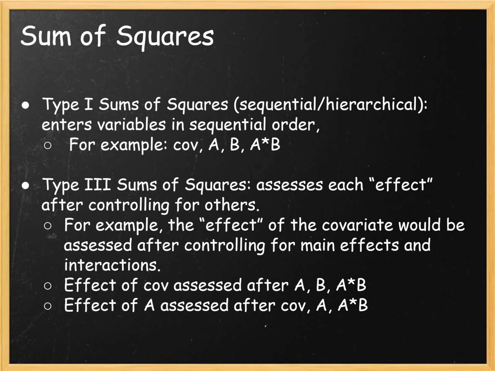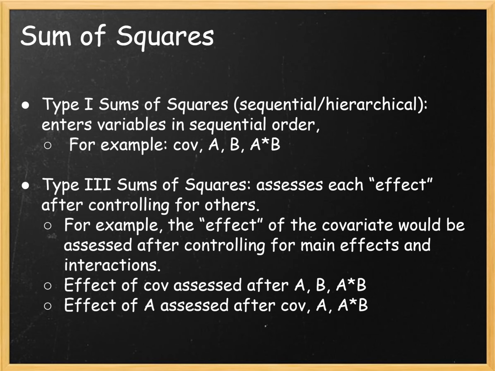All right, we should briefly discuss sums of squares. Most books on the topic of ANCOVA will recommend that you use a type 1 sum of squares to assess effects. Type 1 sum of squares is basically entering the variables in a sequential order.